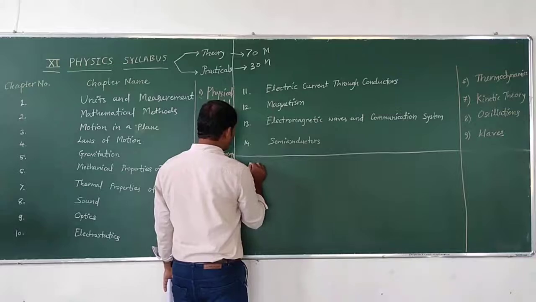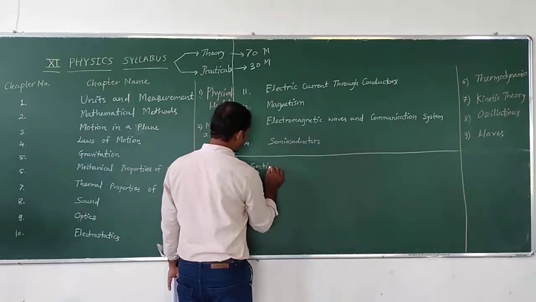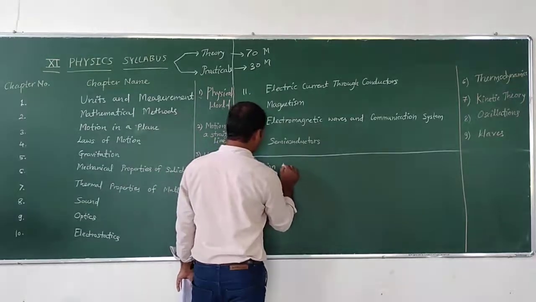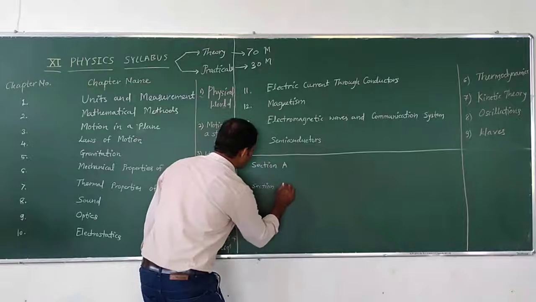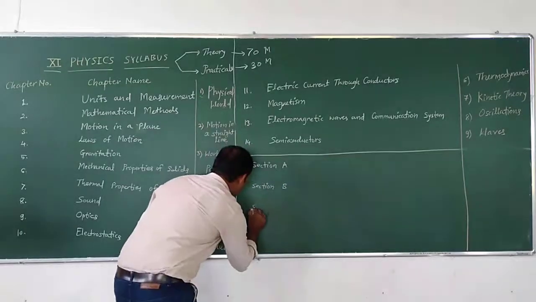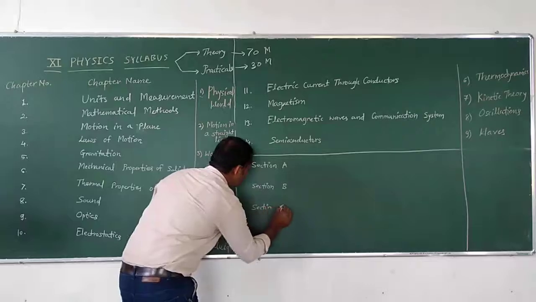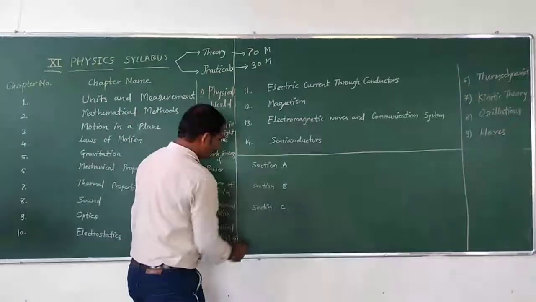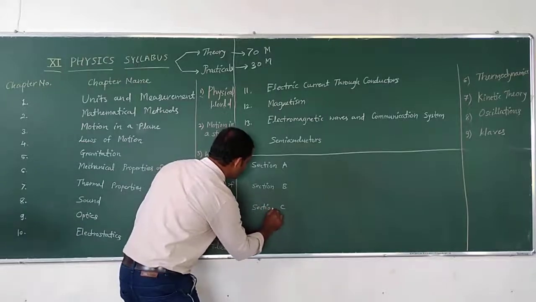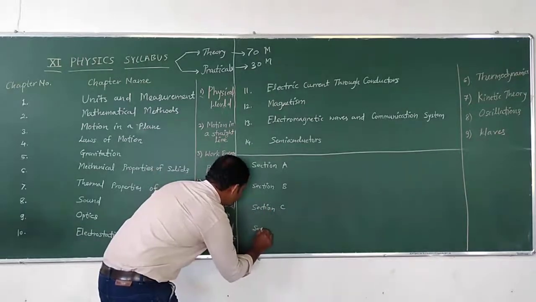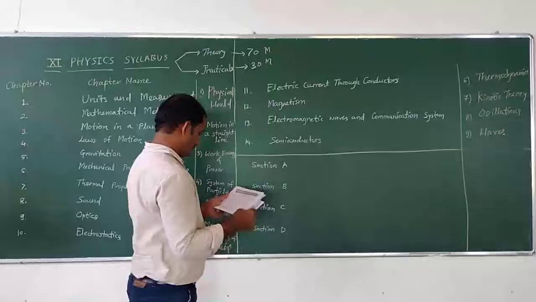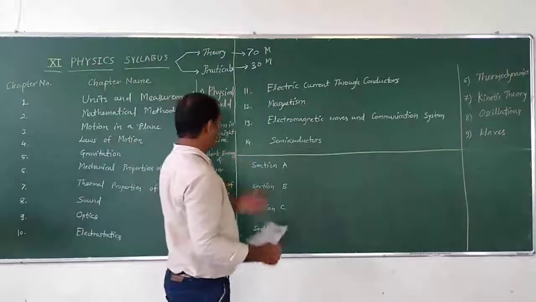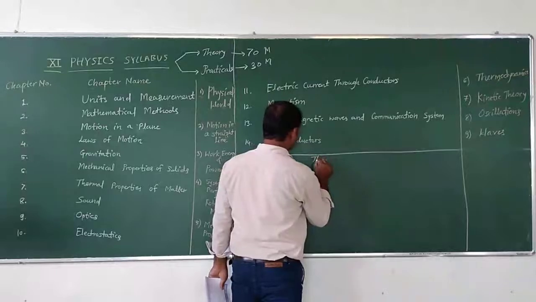I will write here section A, section B, section C, then the fourth one is section D. So this theory paper is divided in 4 sections.